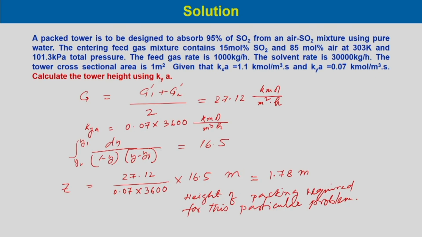We have discussed in detail. Thank you for attending this lecture, and we will continue our design of packed towers with other methods to find out the height of the packing.